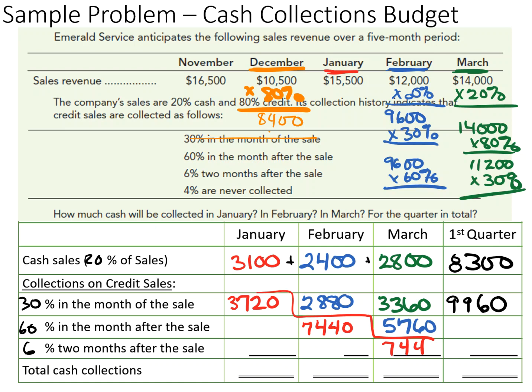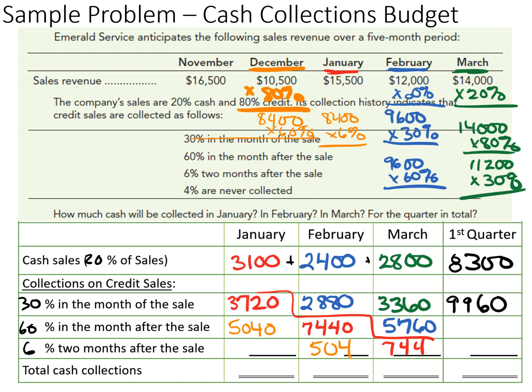What we're interested right now is the 60% that's collected in the month after. So 8,400 times 0.6 or 60% is $5,040. And then we can also do the 8,400 times the 6%, which is $504.